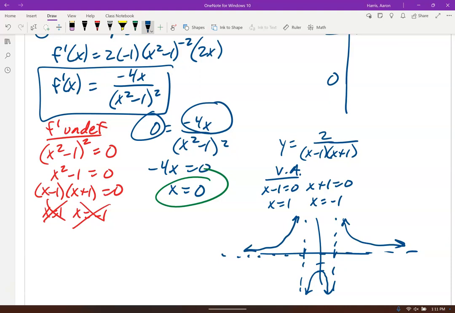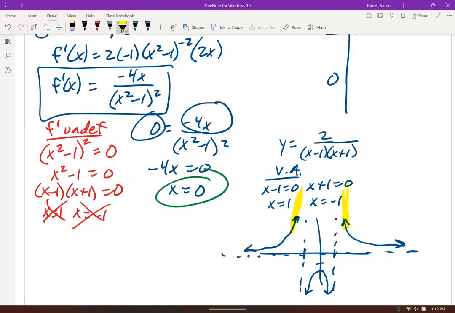So the domain is everywhere except at negative 1 and 1, right? What I'm looking for is any absolute maximums. Do I have a highest point? Well, no, because these things just keep going up, right? There's not going to be an absolute max.